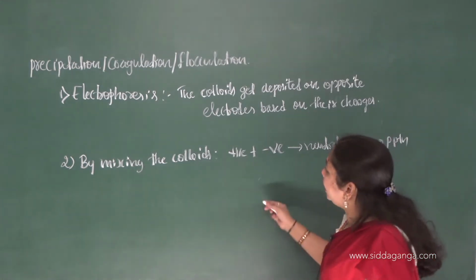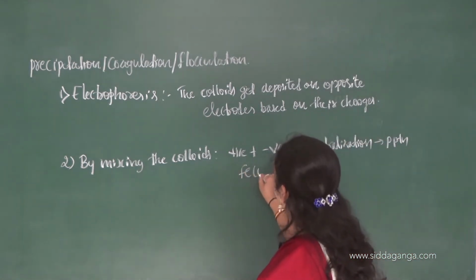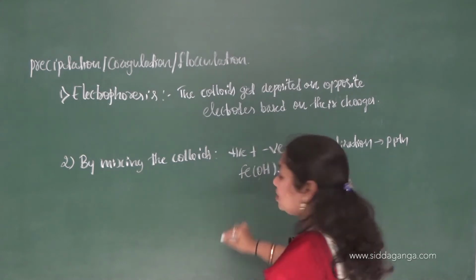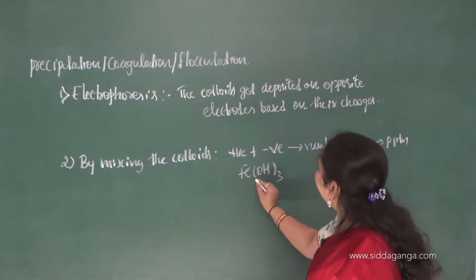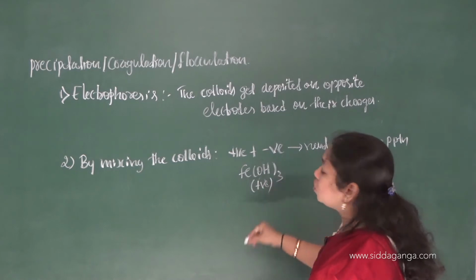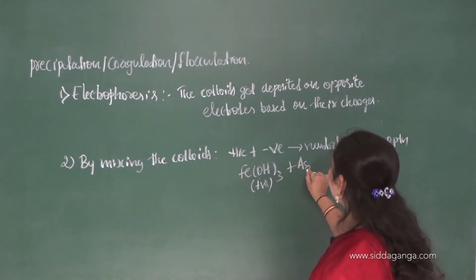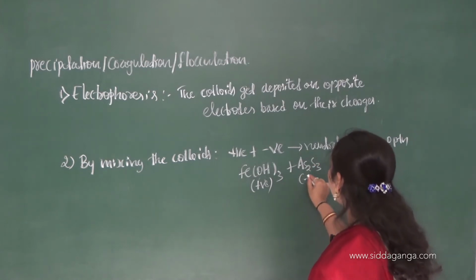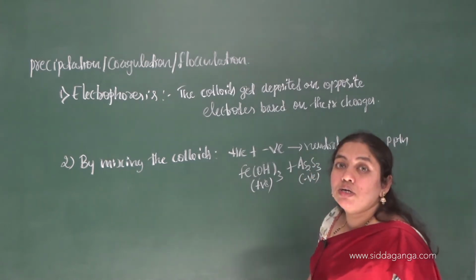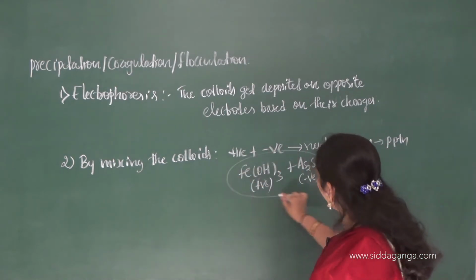So one example I can give for this one. If you take a ferric hydroxide salt, what is the charge of ferric hydroxide salt? It is a positive colloid, right? And if you mix with, say for example, arsenic sulfide, which is having a negative charge, then what solution are you going to get?